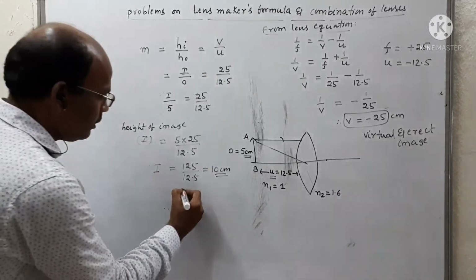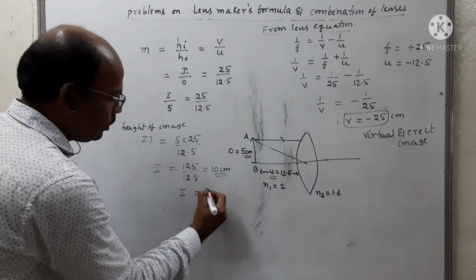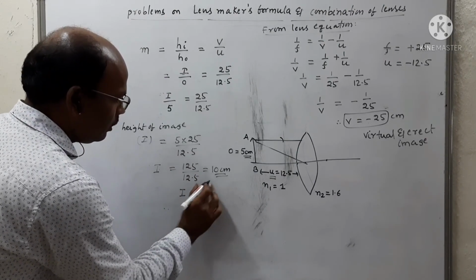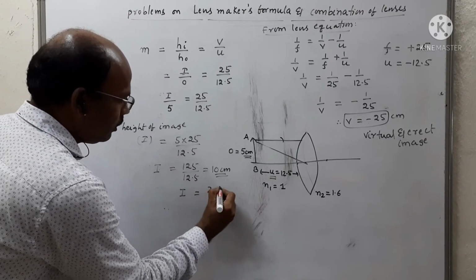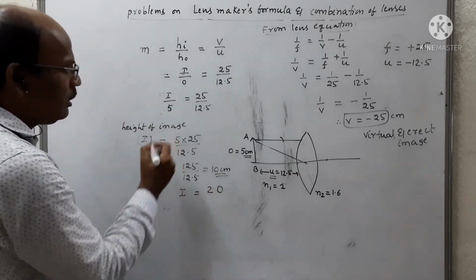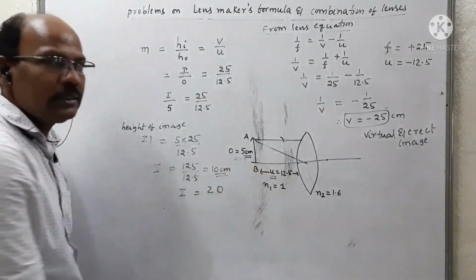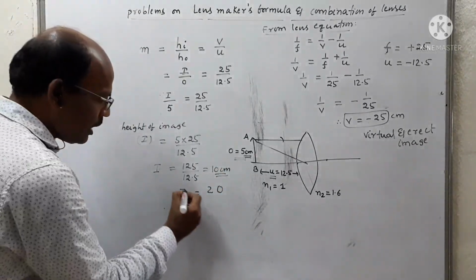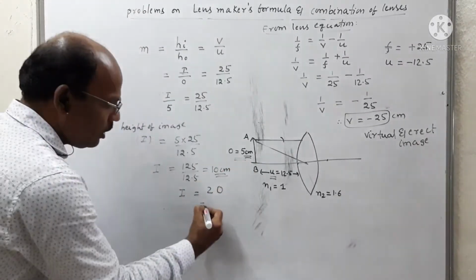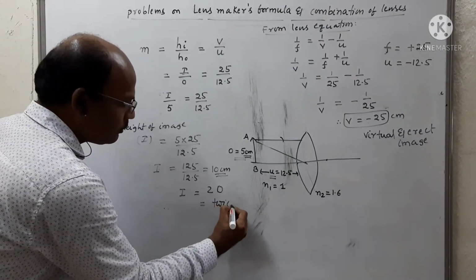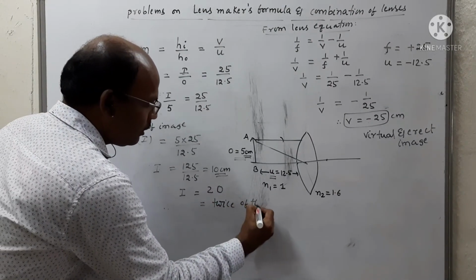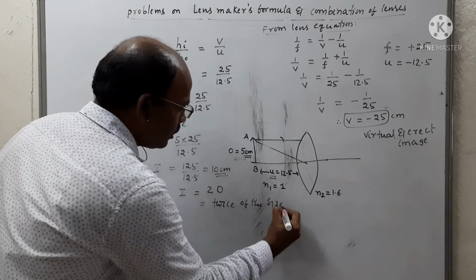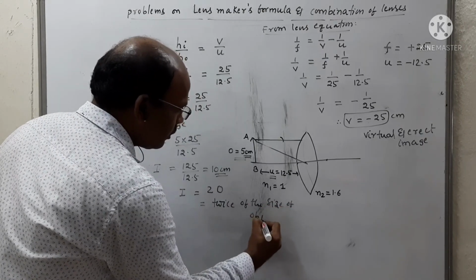So that means I is equal to 2 times the object. What is the value of the object? 5 centimeters. So we get I is equal to 10. The size of the image is twice the size of the object.